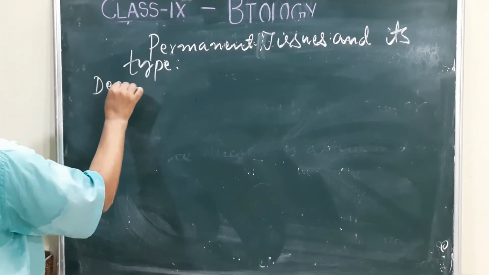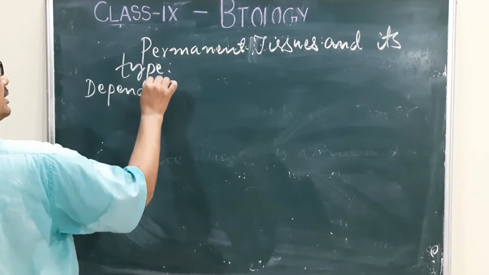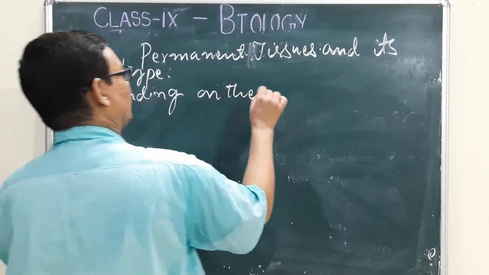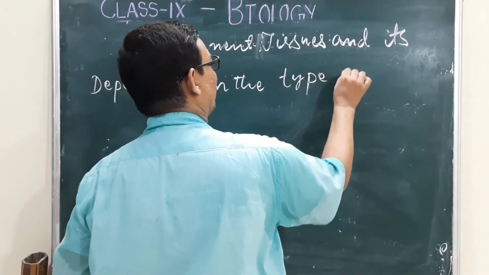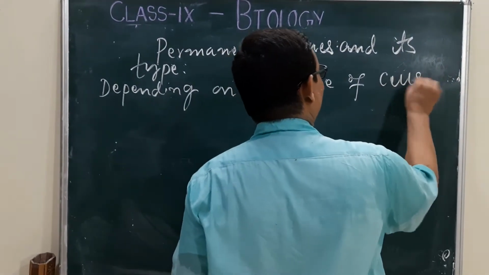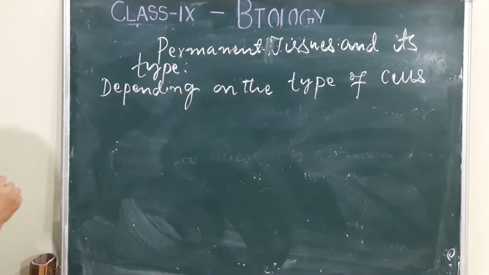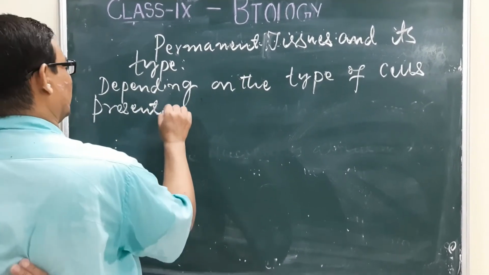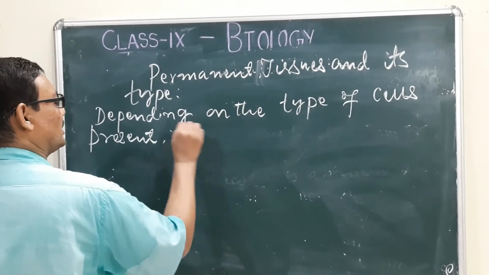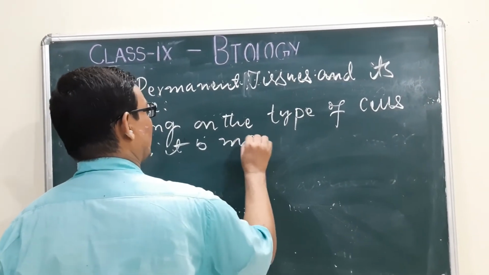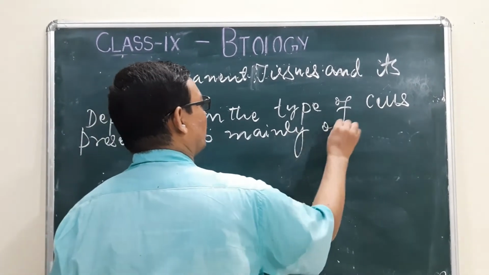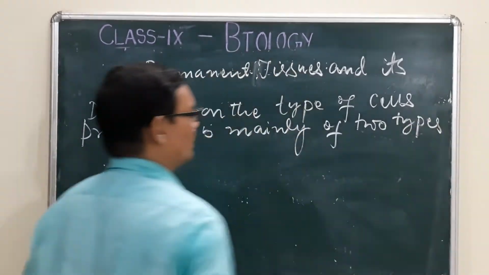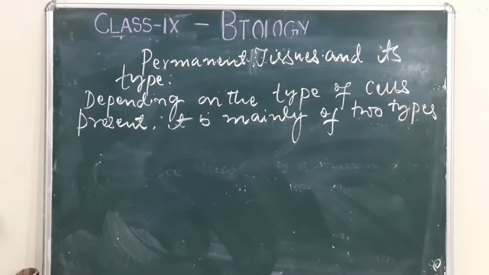Depending on the type of cells present, it is mainly of two types.